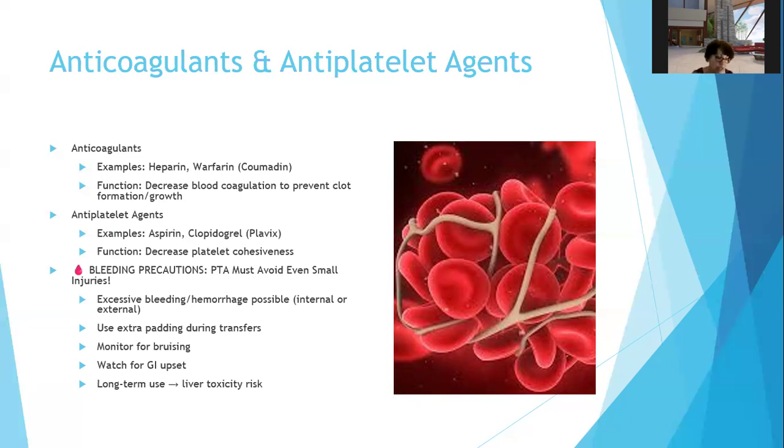So anticoagulants are often used as preventative to help prevent coronary artery disease, stroke, heart attack, DVTs, or other conditions of the blood vessels. The ones that you see a lot are heparin, often used if you have pulmonary embolisms or a DVT. Warfarin, Coumadin, is used more prophylactically to prevent problems.